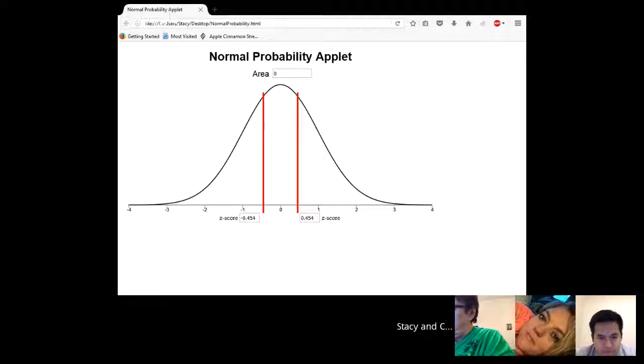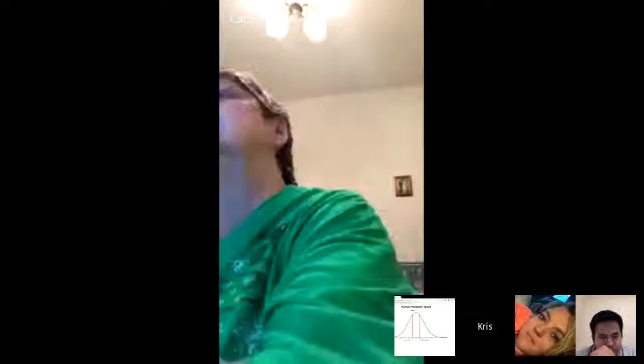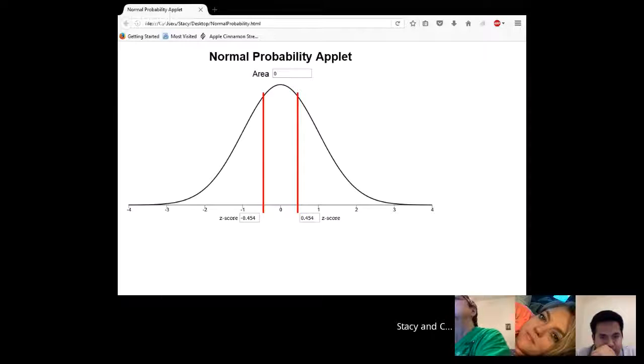Okay. Because it doesn't ask us for the z-score. It asks us for the 35th percentile, right? Yeah, I still have the same answers, so I'm a little bit at a loss as to why it's not right.